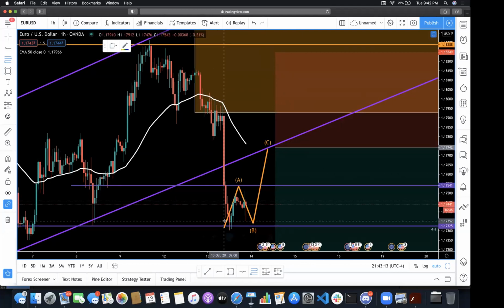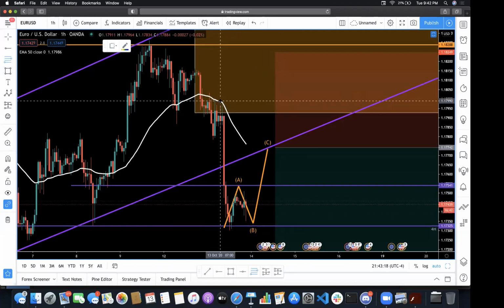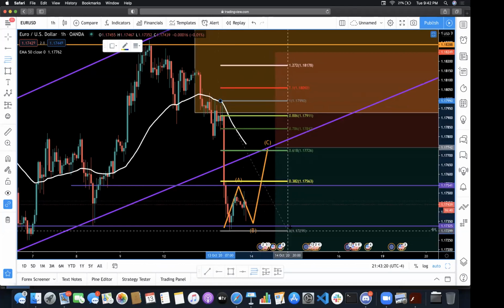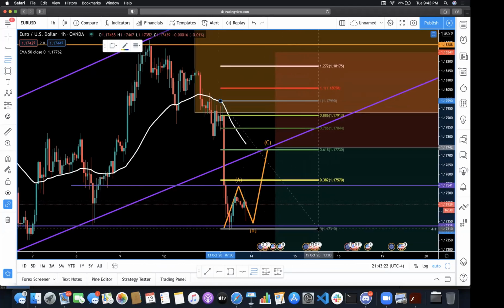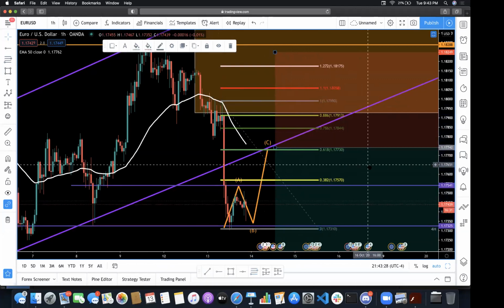Now, this is why we enter on the retracement. Because once you catch that retracement, you catch the full move out of the next thing. So remember, we got our entry shadow box from the daily time frame, right? I haven't moved this line right here for the entry.